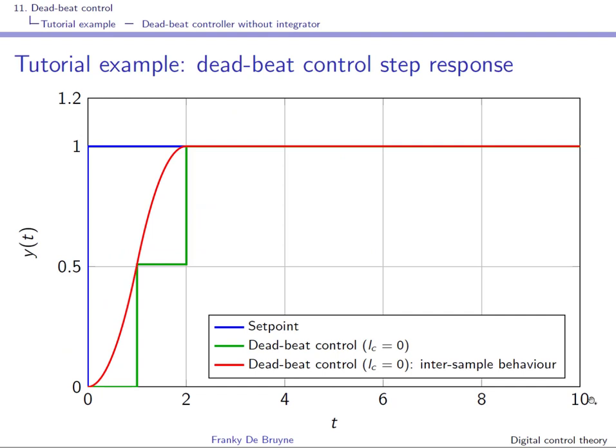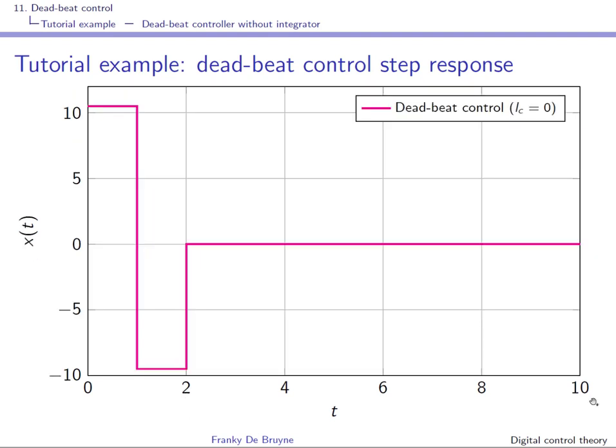What you see here is the closed loop output response, and this is obtained using the Matlab code. So using the Matlab code, you can see what happens at the sampling instance, right? And using Simulink, we have obtained the inter-sample behavior, and you can see indeed that the output attains the steady state in 2 sample instances.